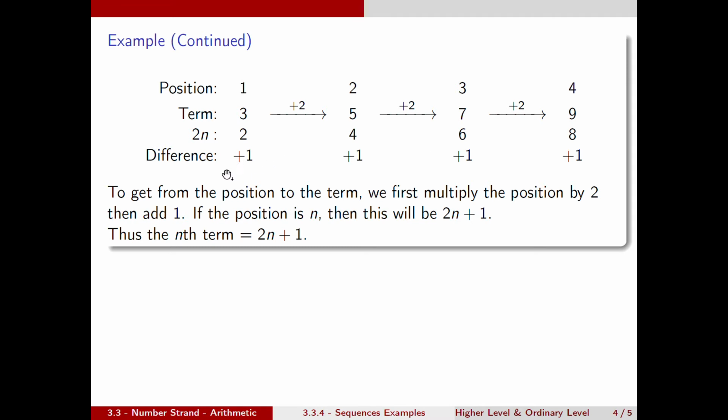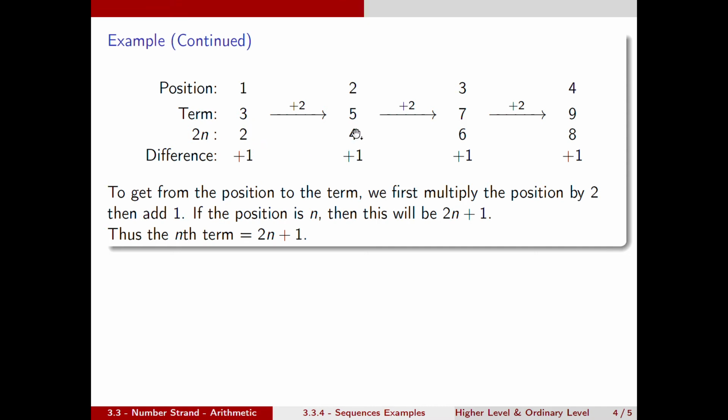Now we look at the fourth row, which we've denoted by the difference between the 2n sequence and our example sequence. To get from 2n to our sequence, we need to add 1 each time. To get from 2 to 3, which are both in position 1, we add 1.